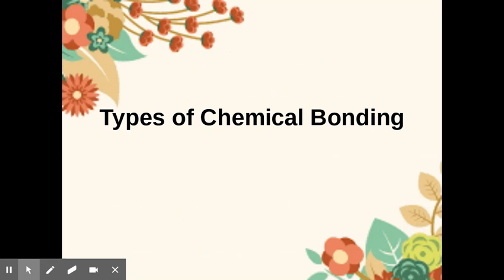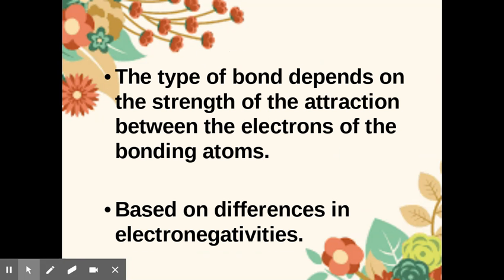Here we're going to look at different types of bonds. First of all, the type of bond is going to depend on how strongly the two atoms are attracted to each other between their electrons. We looked at that term, which is called electronegativity, in chapter 5. So how badly do those atoms want electrons?